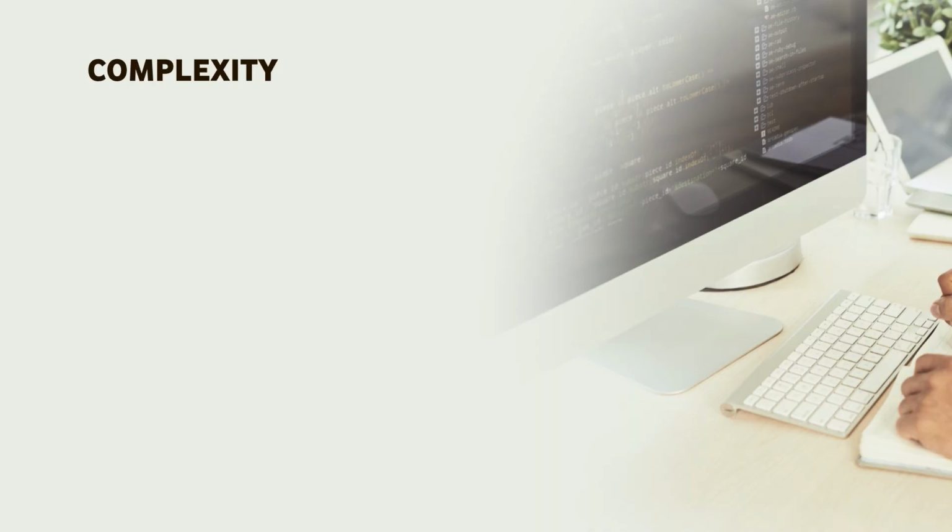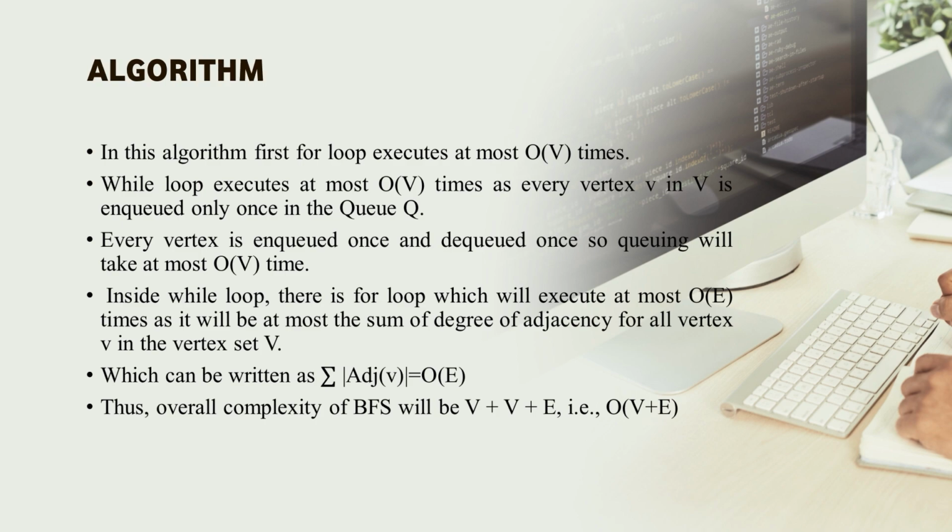Moving on forward, what will be the complexity here? The loop here will be executed as many times as there are vertices, so big O of V. Then you will add the adjacent vertices one by one, so the edges will all be explored and you have to add the edges part as well.